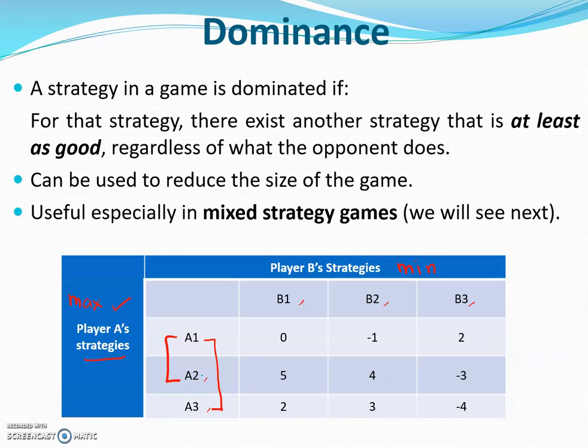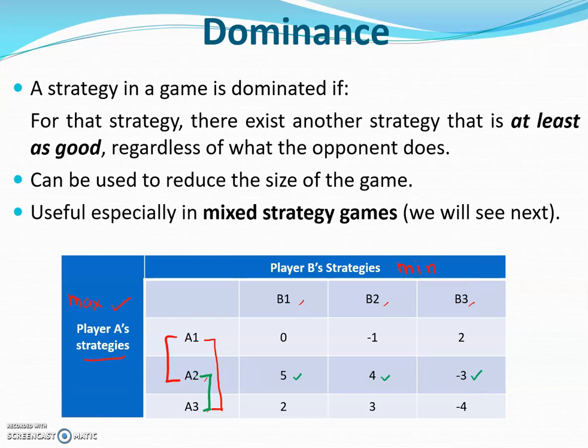Now we try to compare strategy 2 and strategy 3. So we compare 5 and 2. 5 is better. We compare 4 and 3. 4 is better. And we compare -3 and -4. In this case, -3 is better.